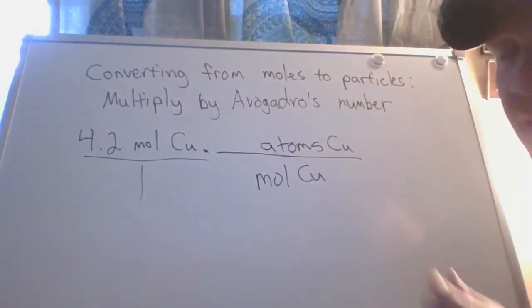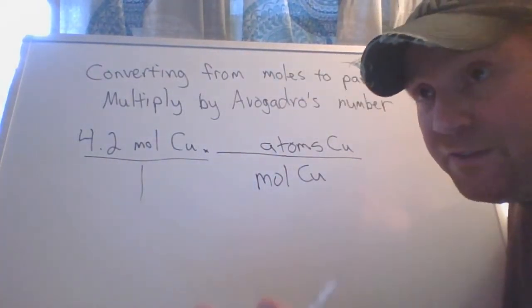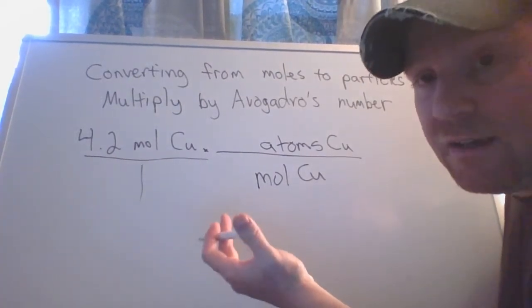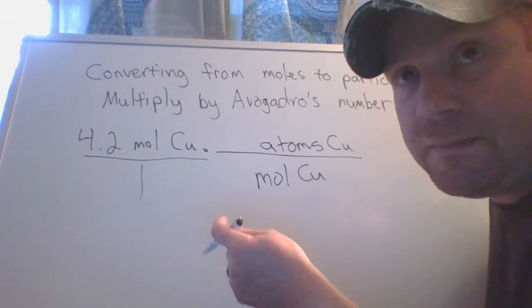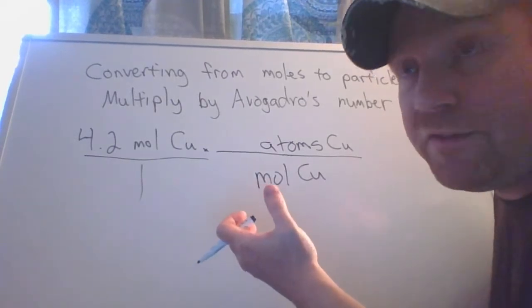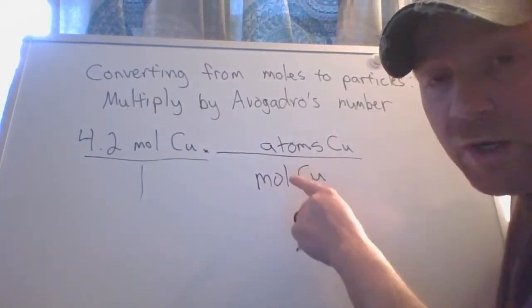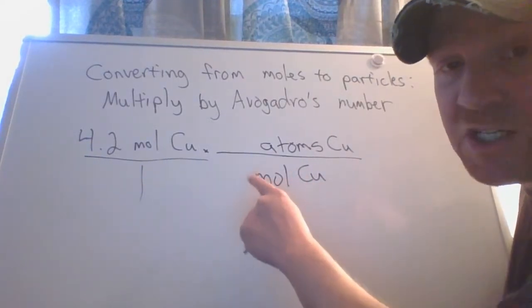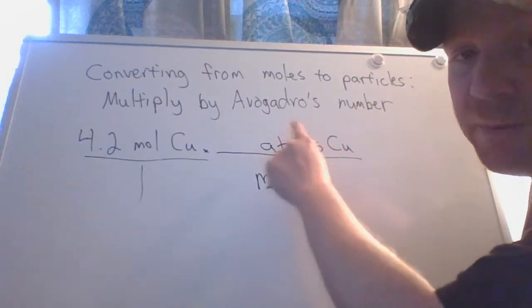Extend that a little bit. If you remember a previous video, the one where I introduced the mole, 1 mole of anything is 6.022 times 10 to the 23rd units of that substance. What we're going to do is set this mole unit to 1. This is a relationship right here.